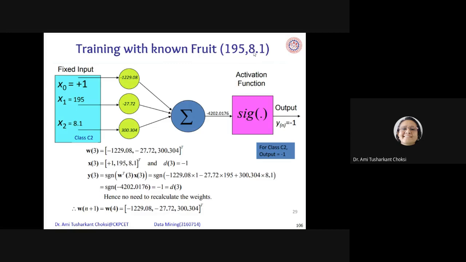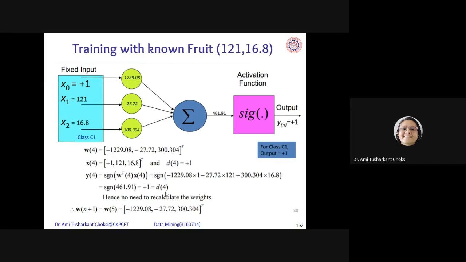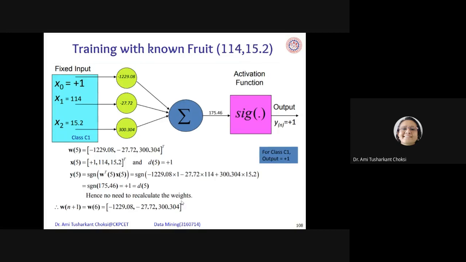Again, training with known fruit, we find no change between the desired output and actual output, so we need not recalculate. We again train with the known input, known fruit, whose class is known, and check whether the actual output and desired output are the same. If they are the same, no need to recalculate, so we continue with the same weights.